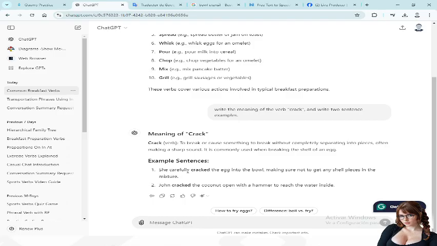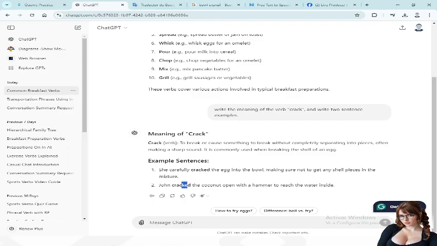Okay, and the example. In that case, the second example is John cracked. Remember, what is the past tense of the verb crack?